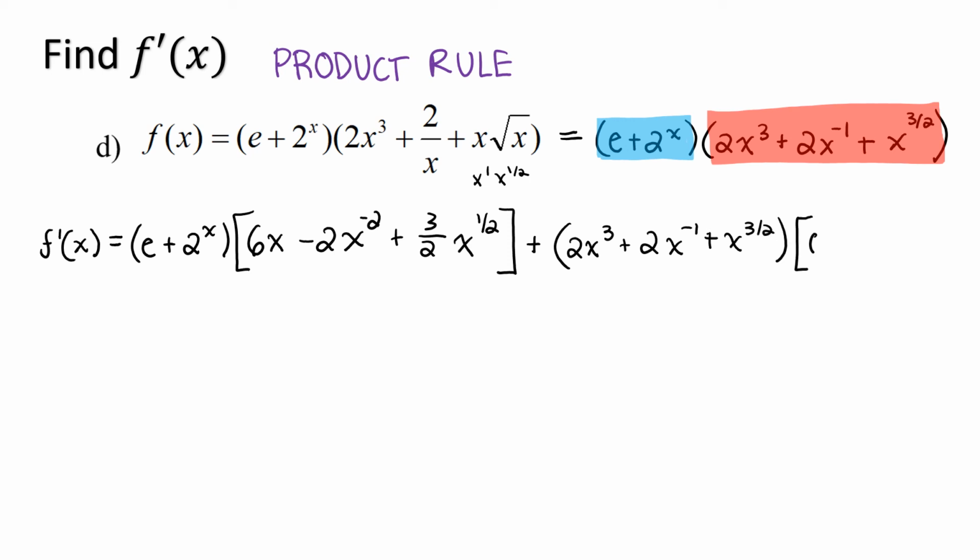The derivative of e is just 0, and the derivative of 2 to the x is 2 to the x ln of 2.